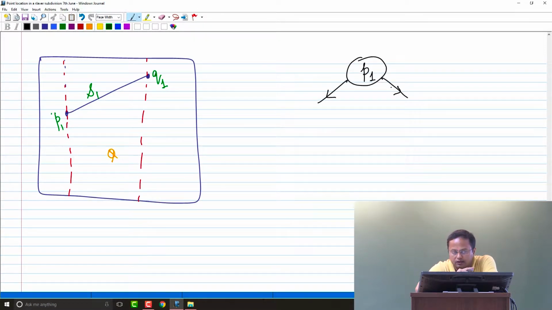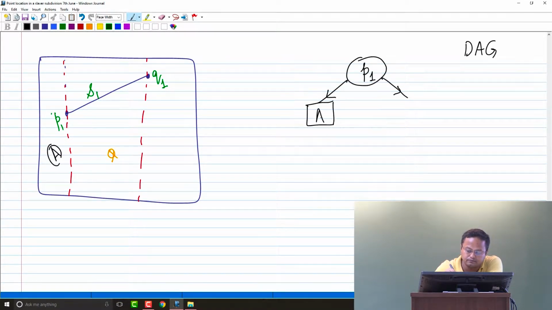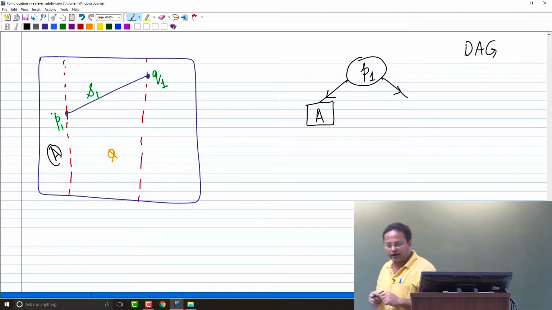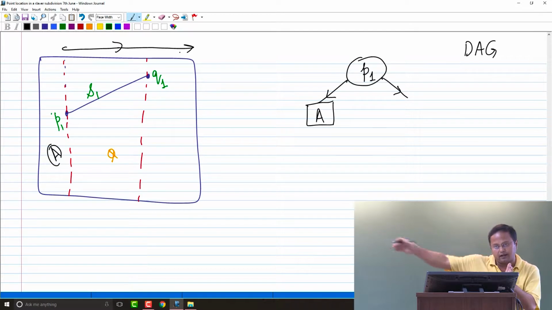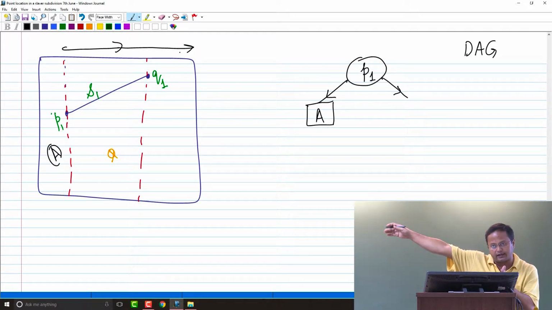So, for this DAG, your leaves would be the trapezoids. Let this be my trapezoid A. So, this is a leaf. You have been able to locate a point within your first trapezoid. Next comes whatever is to the left of this zone, but this can span till the end of the rectangle.